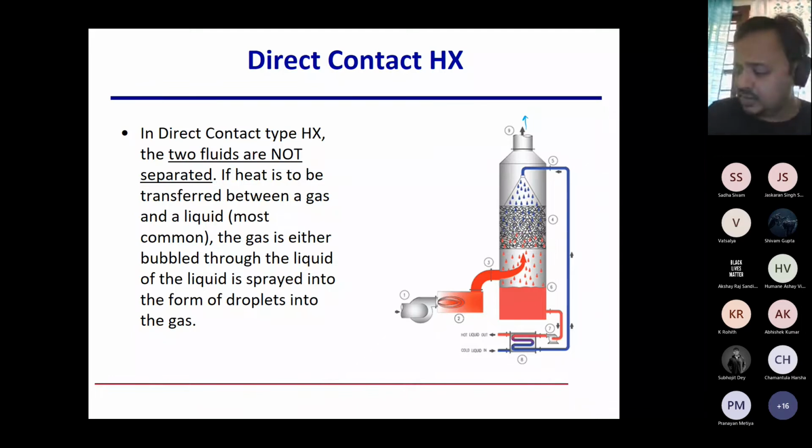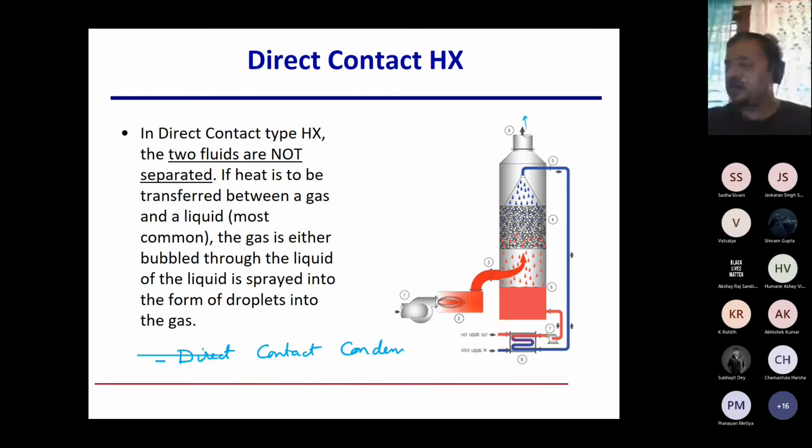Now, I will mention that there is another type under direct contact, which we call the direct contact condenser. What is it? Let us say that this gas that we are talking about, this red hot gas which is coming from the bottom, is actually steam.